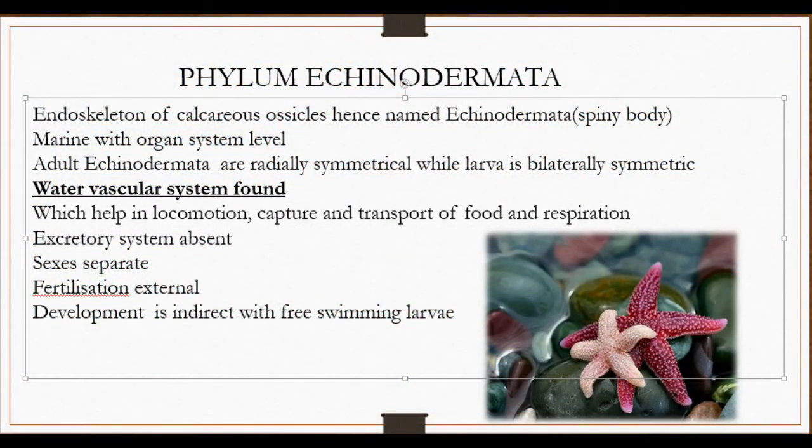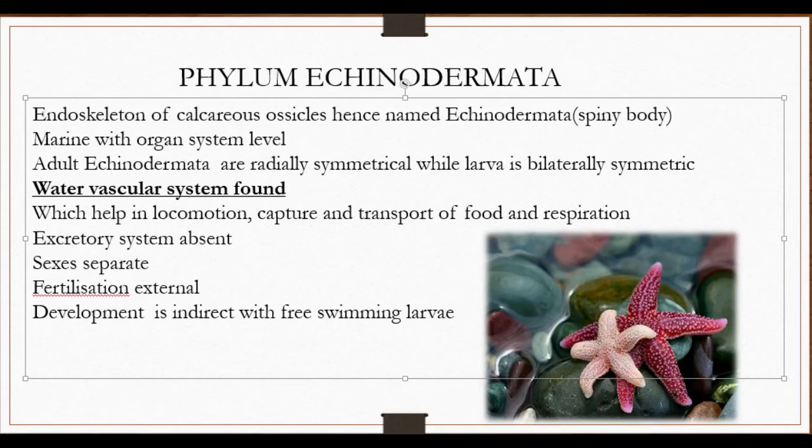So in this phylum, the endoskeleton is made of calcareous ossicles, hence they are named Echinodermata, or the spiny body. They are marine with organ system level. Echinoderms are radial while the larva is bilateral.